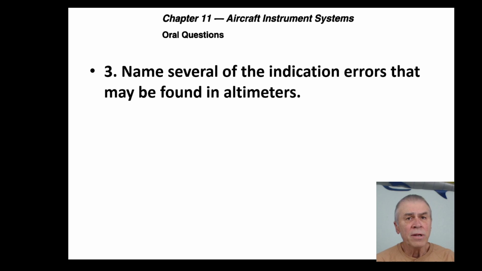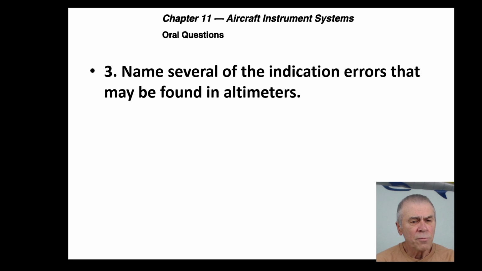Name several of the indication errors that may be found in altimeters. Okay, well, I guess that's that list we had on the side. Usually hysteresis, since that's a word that is not in most of our vocabularies.